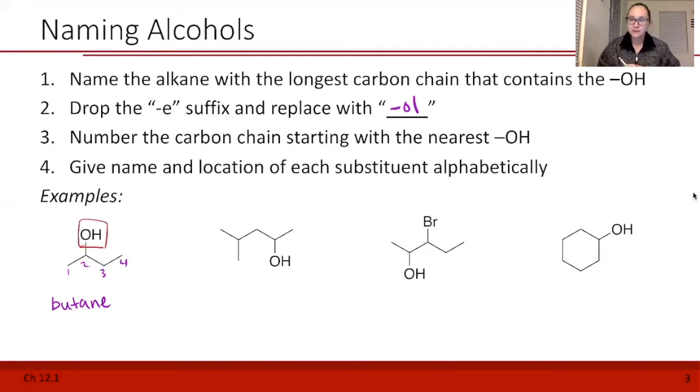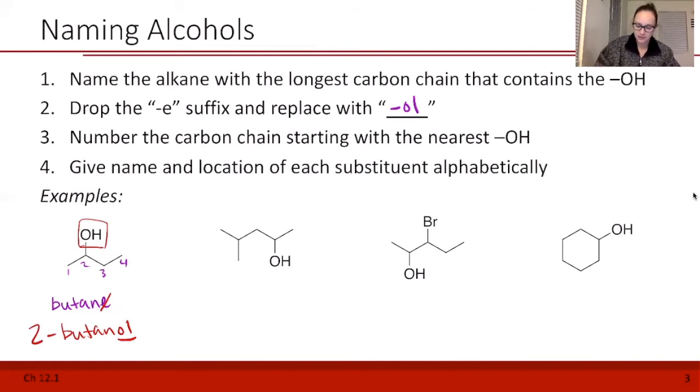If you were to take off the hydroxyl group, the normal name would be butane, but I'm going to get rid of the E there, and we're going to make it butanol. And then we say where that alcohol is. It's at carbon number 2. So this molecule is called 2-butanol.